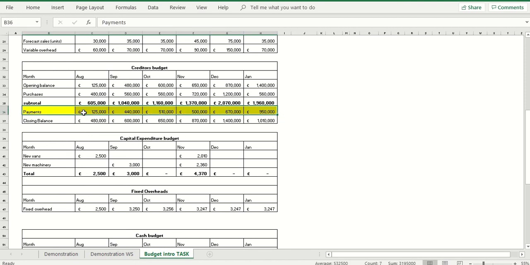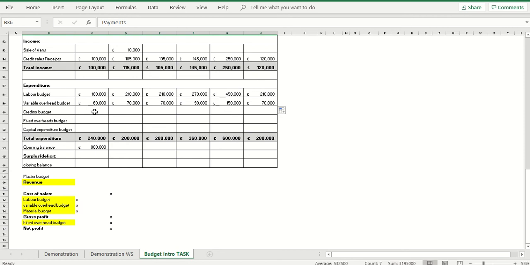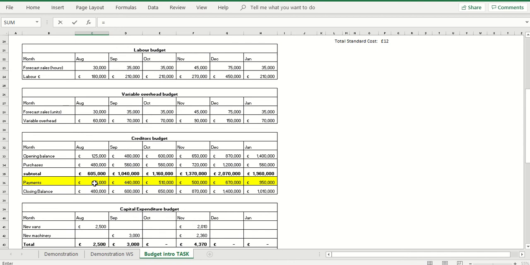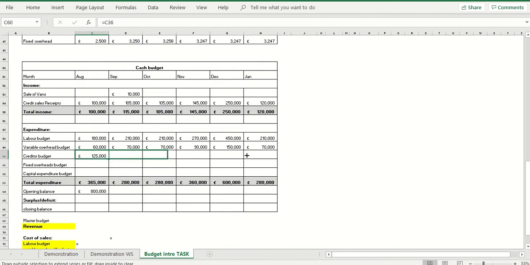So this is how much we physically expect to pay them during those months. This row here we've got to get down here. So we're going to say that that is equal to this: £125,000 in August, £440,000 in September, and so on and so forth. So we can drag that across, and that will give us that.